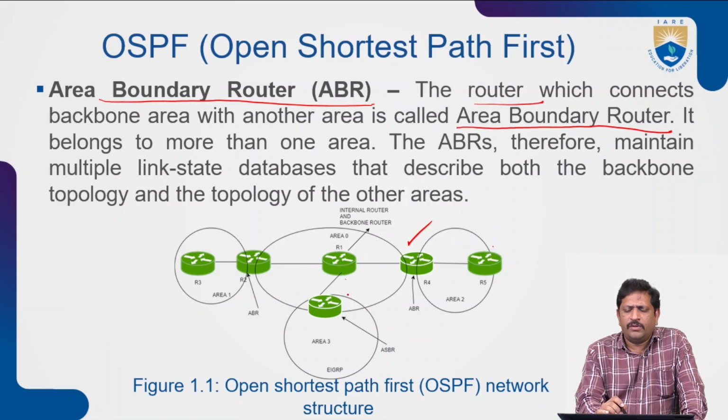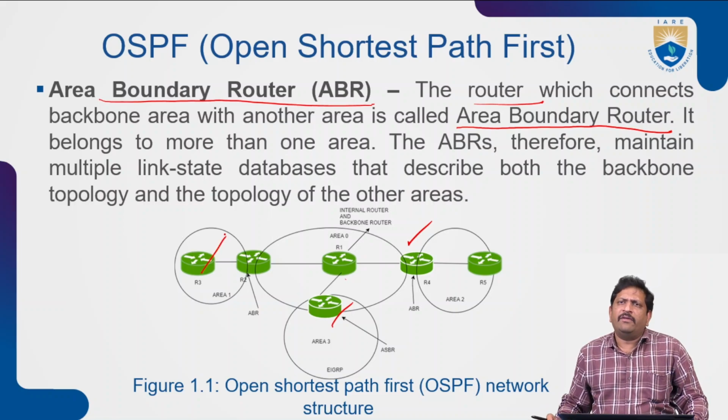And here also this is an area boundary router. Why? Because it is connected to the backbone router and other routers, and it is also connected to the backbone and other area networks.